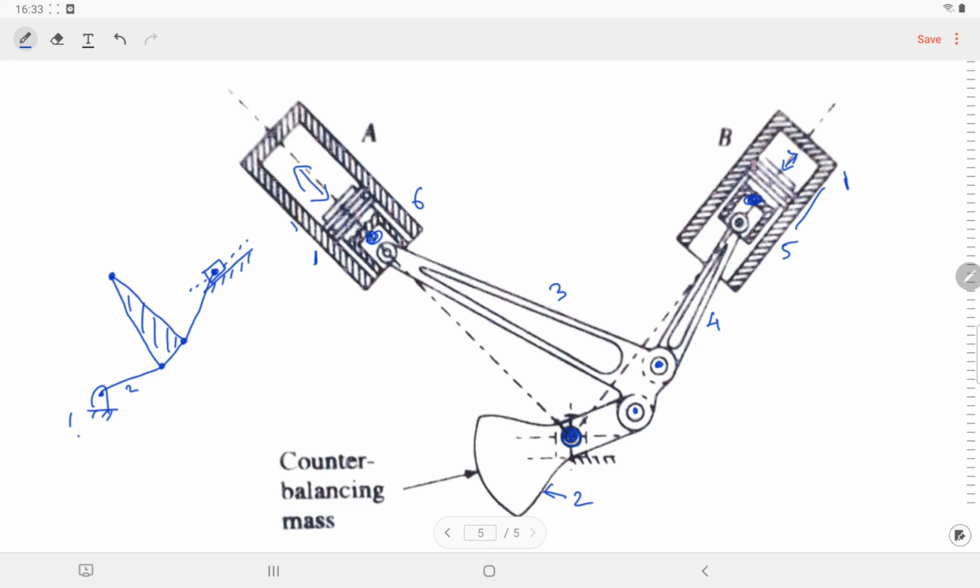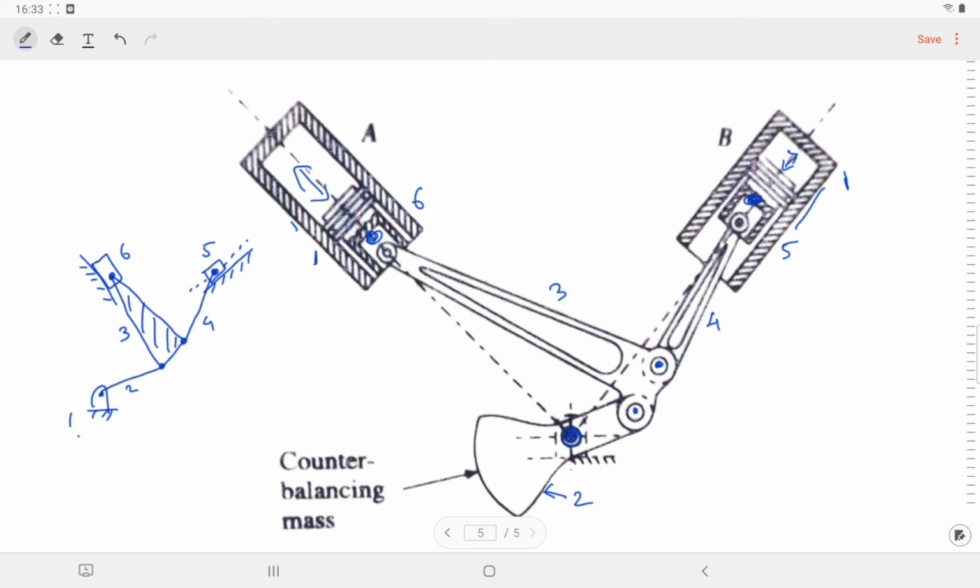So that's how I am going to represent. And similarly, I am going to put link 6 like this. So this is link 3, link 4, 5 and 6. So that's the sufficient kinematic diagram for the kinematic analysis.